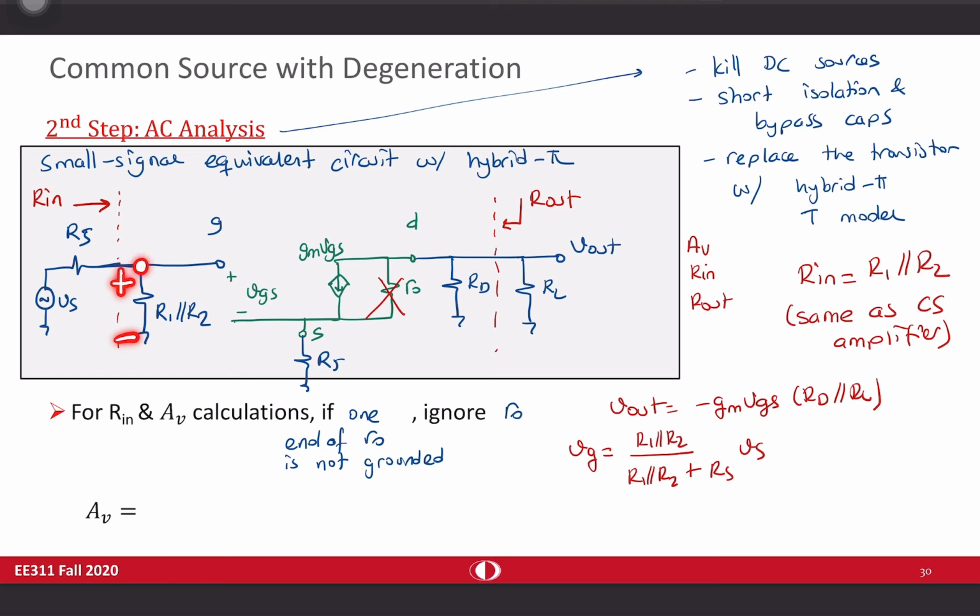Gate voltage Vg is equal to this resistance divided by the summation of these two resistances times Vs. Maybe I should use a different notation for the sake of simplicity. So let's name it as V signal instead of Vs, because these two nodes may confuse you. Now I need to find Vs.